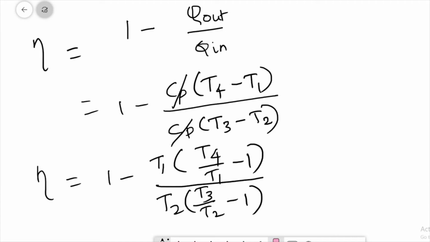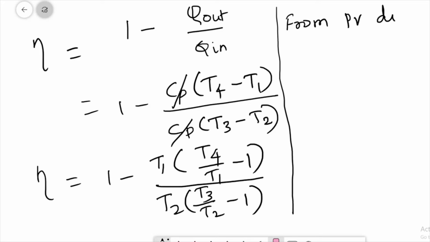And if you see the PV diagram, from the PV diagram we can understand that P3 will be equal to P2 because that is a constant pressure process.